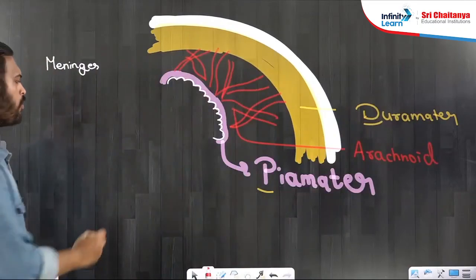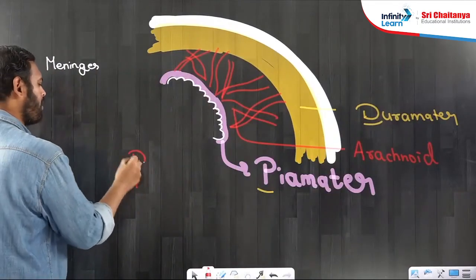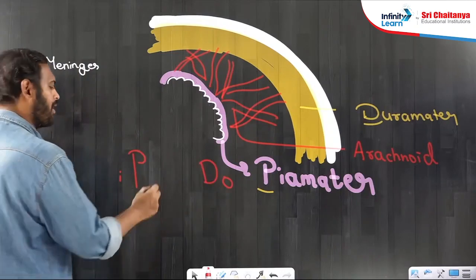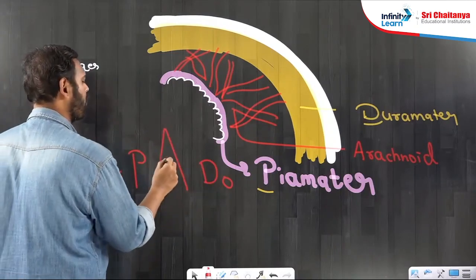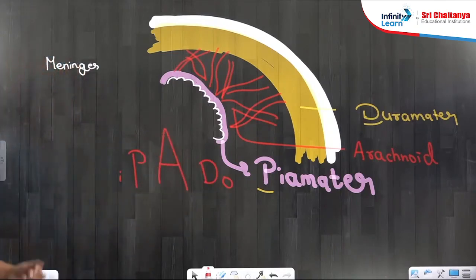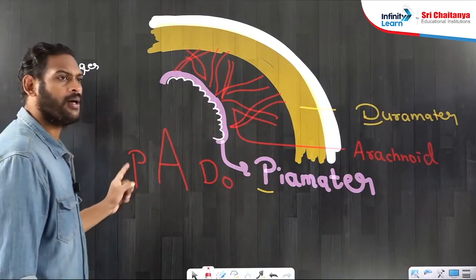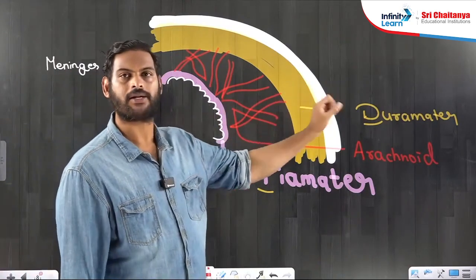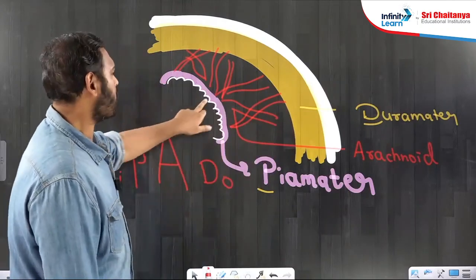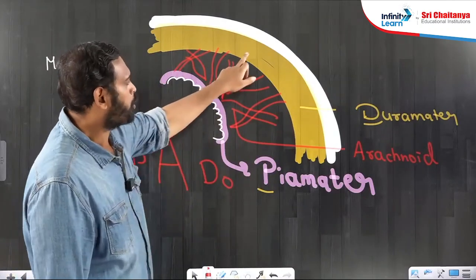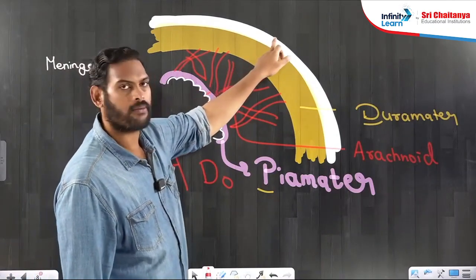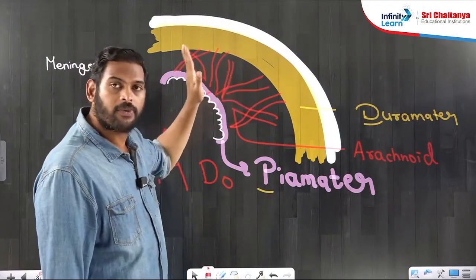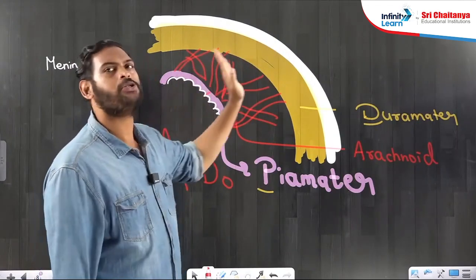So innermost pia mater, outermost dura mater, middle arachnoid membrane. Pia mater touching brain, dura mater touching skull bones, and arachnoid between pia mater and dura mater.